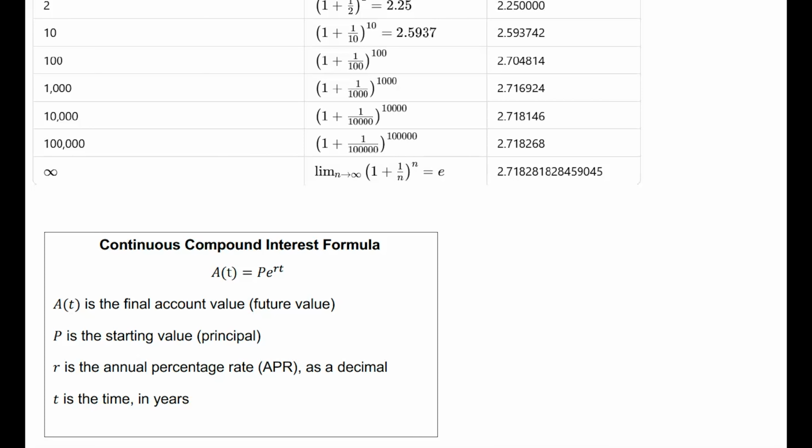Again, A of t is that future value amount, P is our starting amount, r is our annual percentage rate, again written as a decimal, and t is the time in years. So the only thing that changes here is that our base is e, that approximation of 2.72.